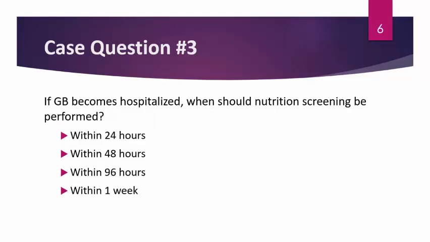And question 3. If GB becomes hospitalized, when should nutrition screening be performed? Within 24 hours, within 48 hours, within 96 hours, or within 1 week? After we discuss nutrition screening and assessment today, you should be able to answer each of these questions confidently.